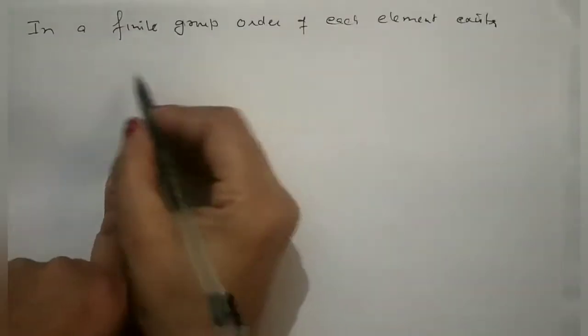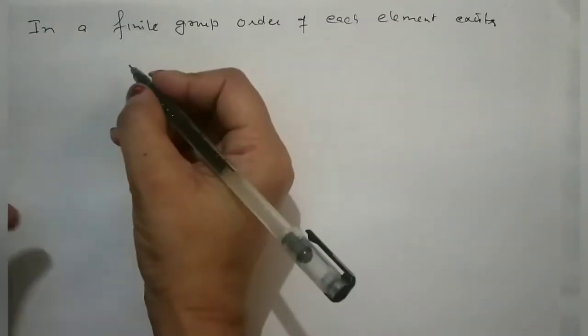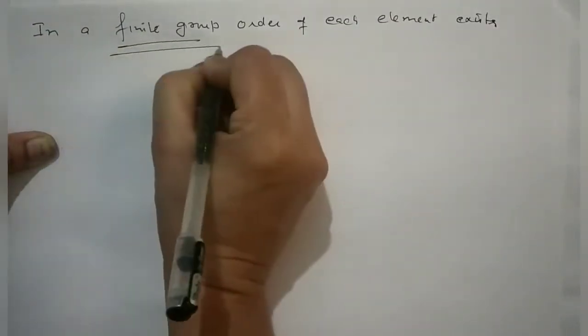Now this is the theorem. In a finite group, the order of each element exists. So G is a finite group.